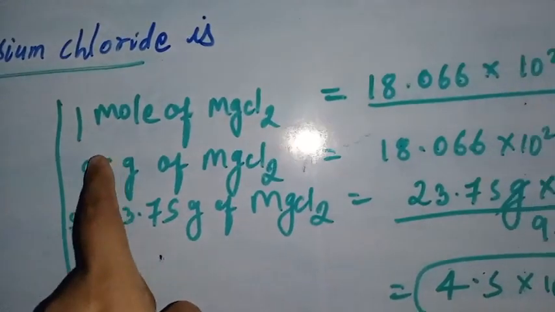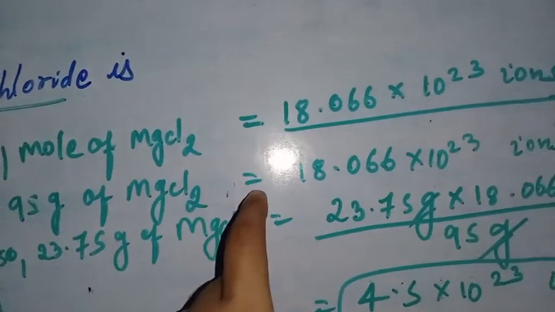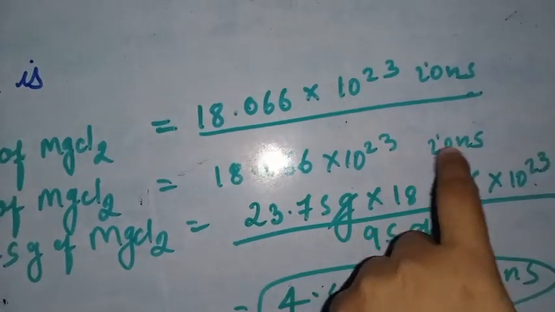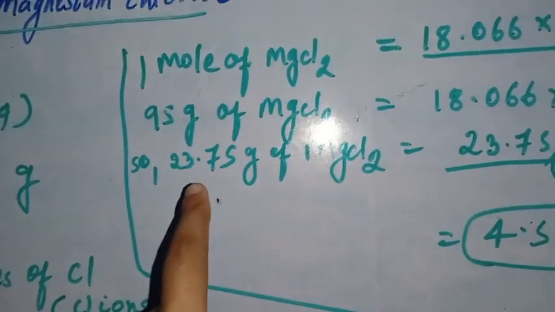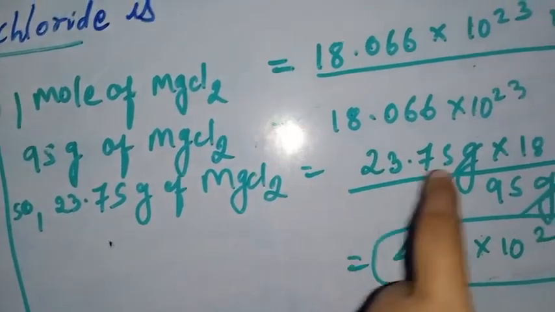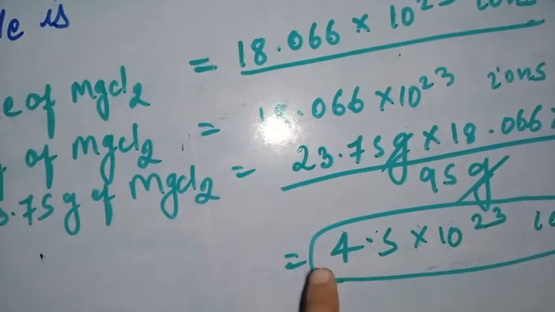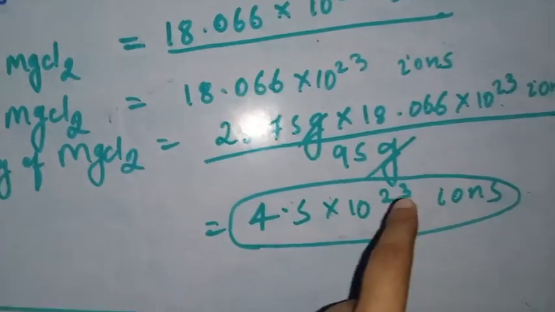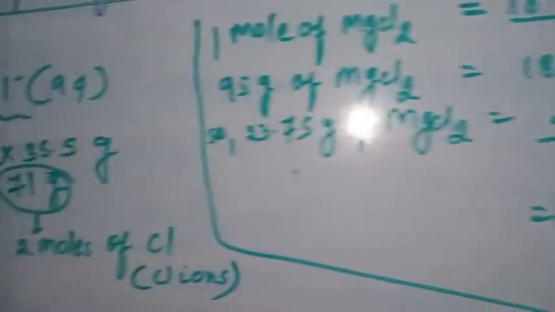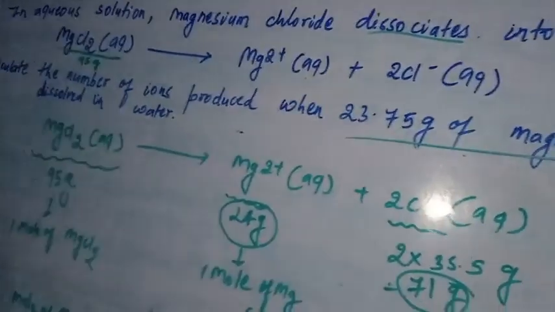So 1 mole can be written as 95 grams of magnesium chloride contains 18.066 into 10 to the power 23 ions. So we have to calculate for 23.75 gram of magnesium chloride, what would be the number of ions? We apply the unitary method and we get 4.5 into 10 to the power 23 ions. So that's how you can solve this question.